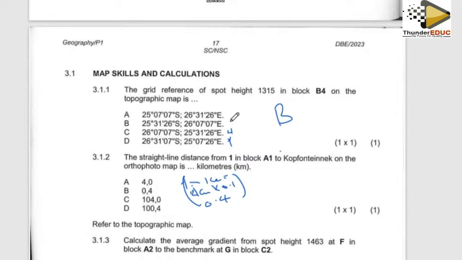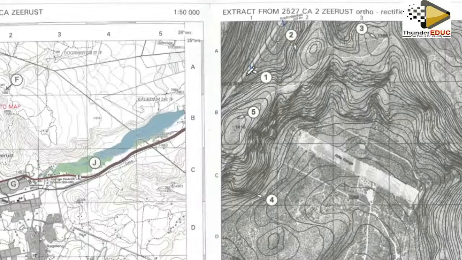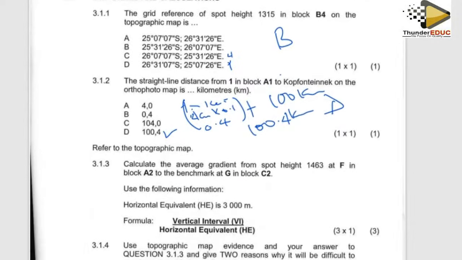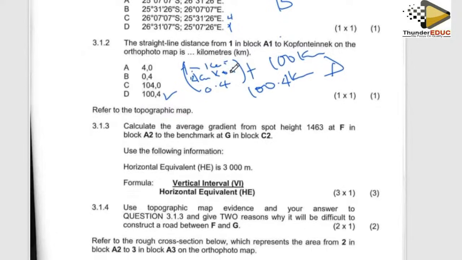Okay, that is the distance from here 1 to the end of the map. But from the map to reach Cliffordland is 100 kilometers. That means plus 100 kilometers. So you get 100 kilometers, 4 kilometers. And that answer is D. Remember, we multiply by 0.1 because the map that is given to us is orthophoto map.